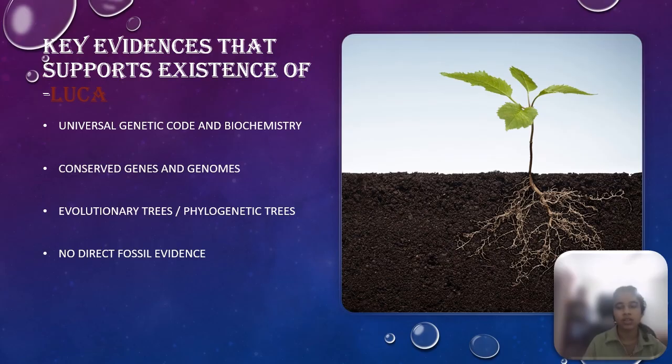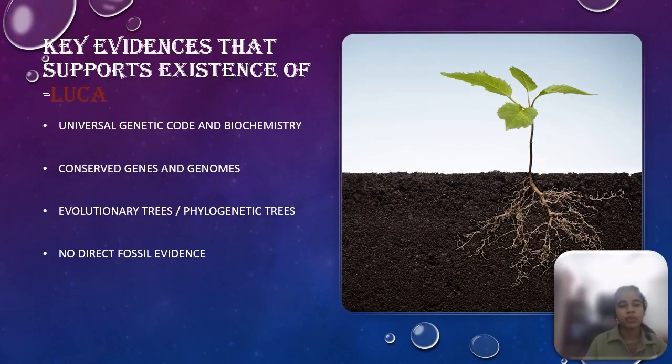The oldest fossil evidence of life is around 3.4 to 3.7 billion years old. So that postdates the estimated emergence of LUCA by hundreds of millions of years. So these are some of the key evidences.